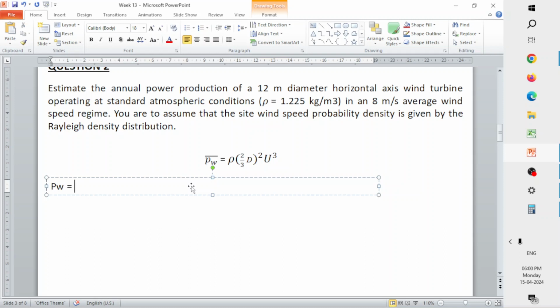PW is rho, the density, 1.225, times 2 by 3 d, the whole square. So 2 divided by 3 times d, where d is the diameter, 12, and this squared times u cube. U is 8, so 8 cube.